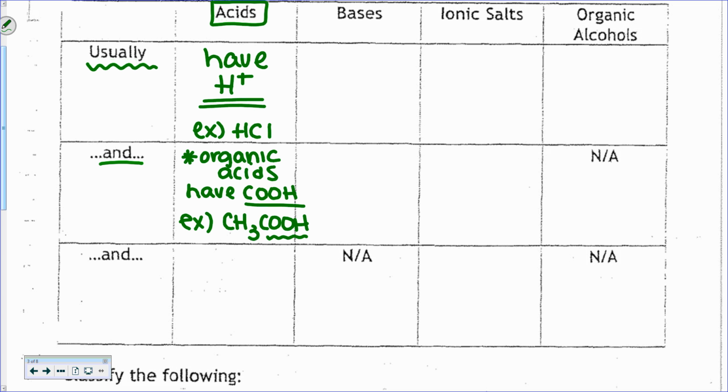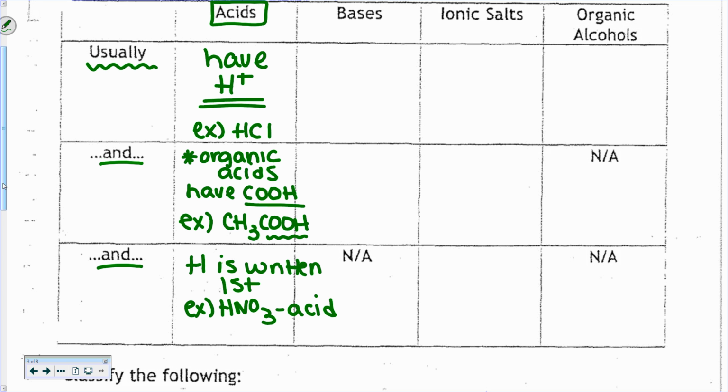Also, to identify an acid, you might want to think H is written first. For example, let's say nitric acid, HNO3. HNO3 is an acid.